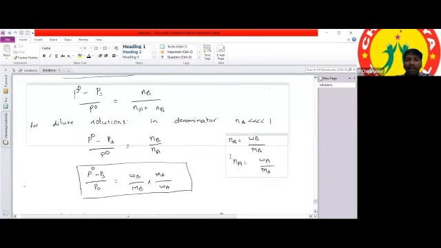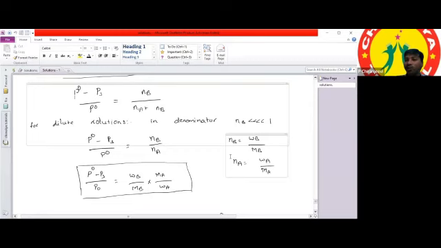Now for a dilute solution, in the denominator the NB value is negligible. So we can write (P naught minus PS) by P naught is equal to NB by NA only. NB and NA are the number of moles of the solute and the solvent.